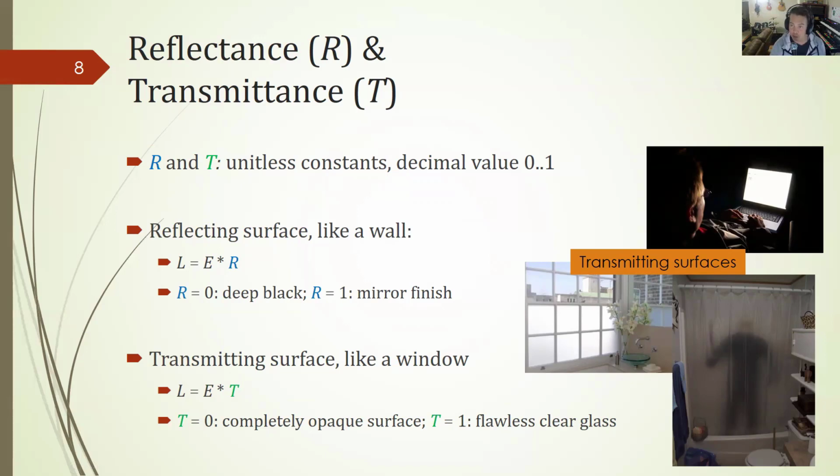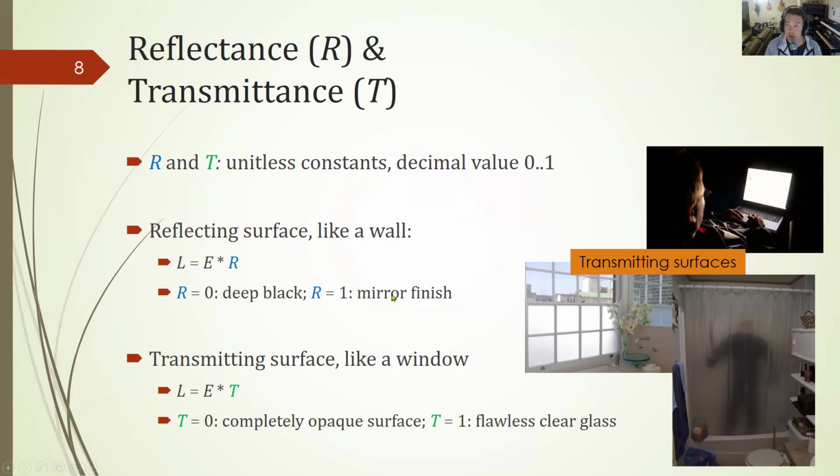In a way, it absorbs the most light and reflects the least light. In a room with a light source, a black wall looks black because it absorbs a lot of light. The deeper that darkness is, essentially the less reflectance there is.